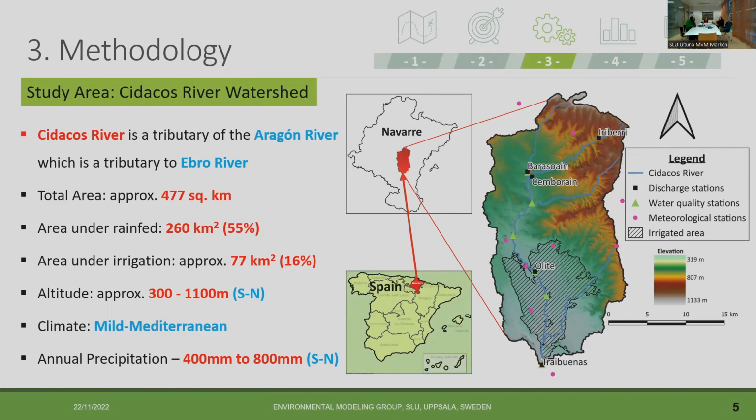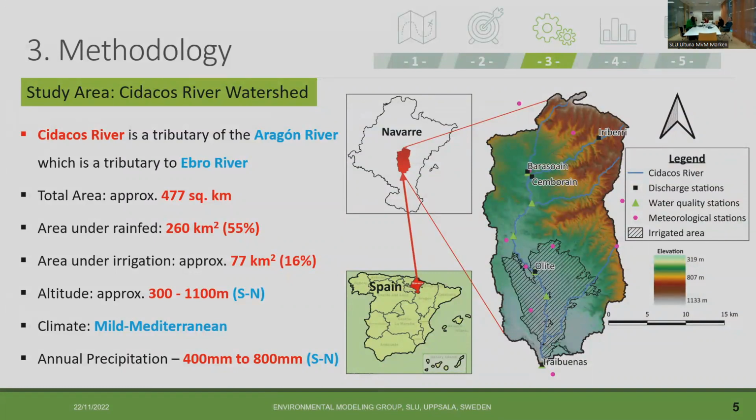Within the basin, it's irrigated in the south, about 16%, and the majority of it, the northern part, is highly rain-fed. Our simulation was mainly based on the rain-fed area. We didn't focus on the irrigated part for our modeling purposes.